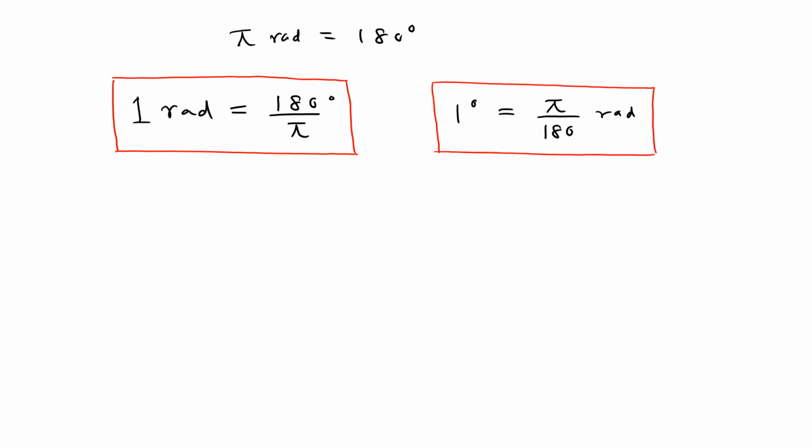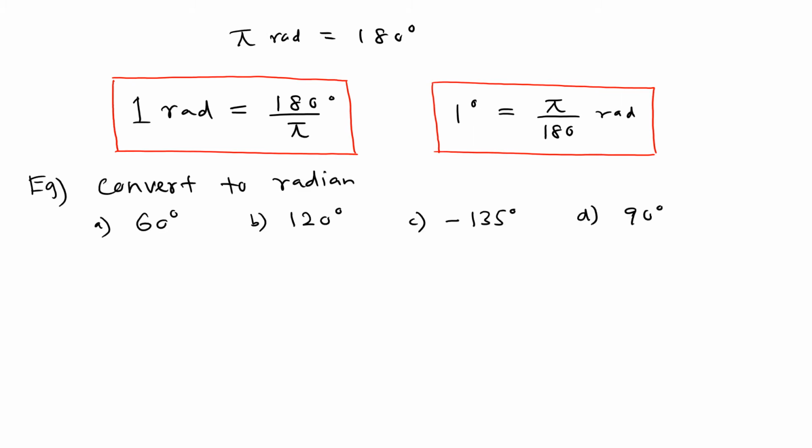So let's look at some examples. We do this problem: convert to radian. We have several degree values, so let's look at them one by one. So the answer, A. We start with 60 degrees. We can write this as 60 times 1 degree.